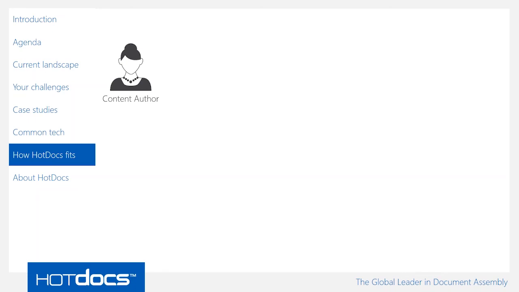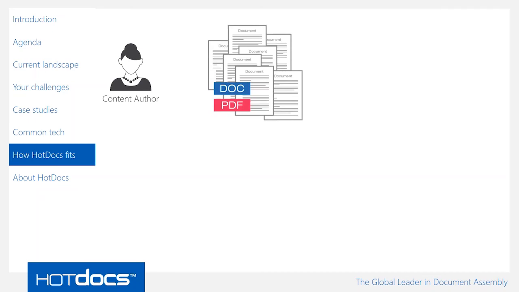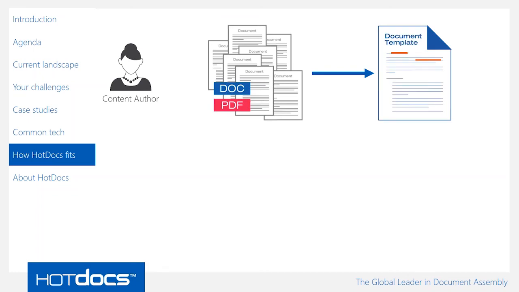We provide tools to those who understand your documents the best, the content authors, those who manage and know your content, to be able to take a document, either in Word or PDF. We provide them a tool that lets them find all the changeable bits of information and the business rules and insert HotDocs placeholders in their place. So it's a very intuitive tool.